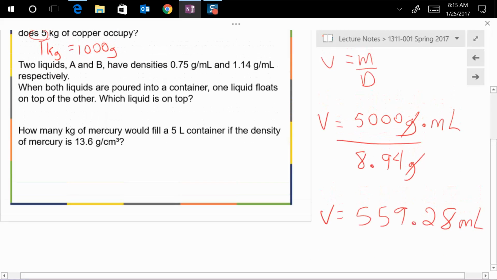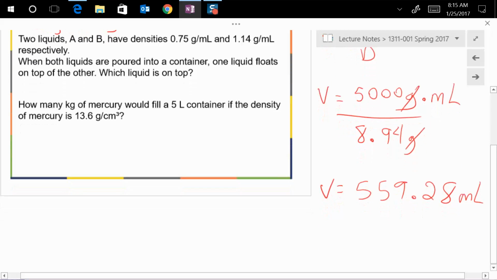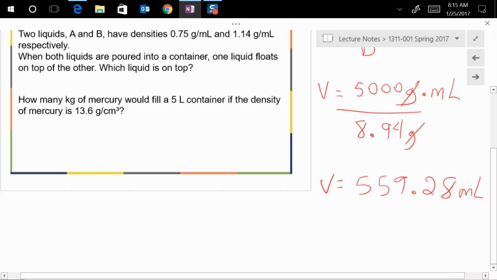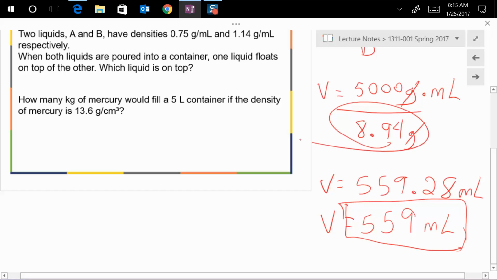So let's go ahead and keep 3. Volume equals 559 milliliters. Okay, because we have 3 here also. Okay, good. So that's what you should be getting.